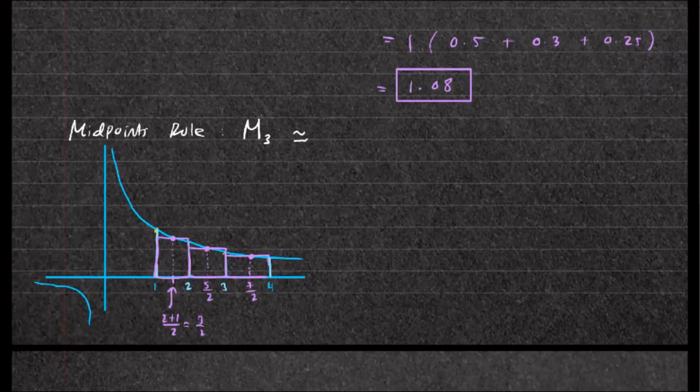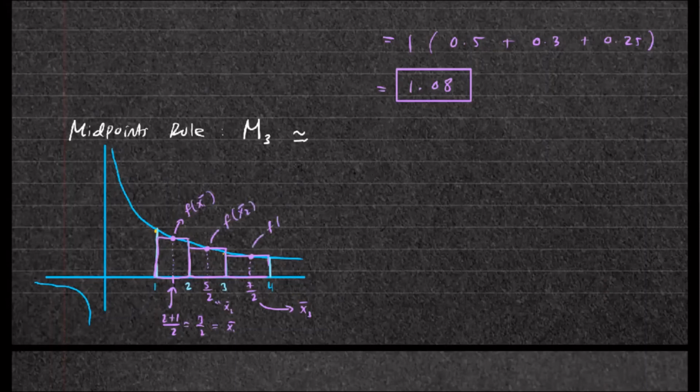And now often we don't call them x1, x2, x3. We call them x1 bar. So we can call this one x1 bar because bar means the average. And then this point, we can call this x2 bar. And then the last one, we can call this x3 bar. So the heights are f of x1 bar. This height is determined by x2 bar.